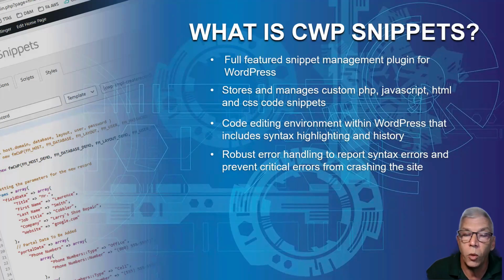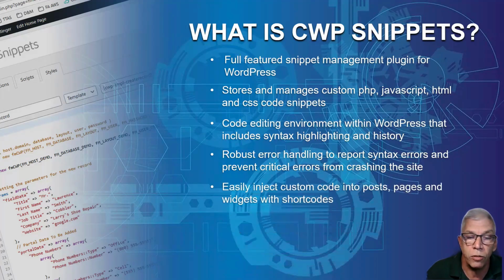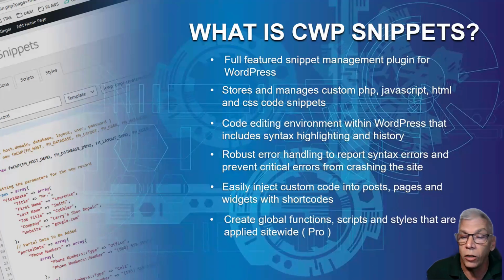We've put a lot of work into trying to prevent the user from putting in bad code that would crash your own site. We've gone a long way to protect you from yourself. It allows you to easily inject custom code into posts, pages, widgets, and shortcodes. And then you can create global function scripts and styles that are applied site-wide if you have the Pro version.